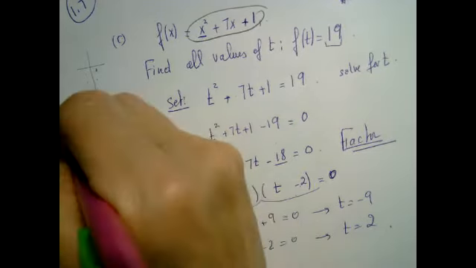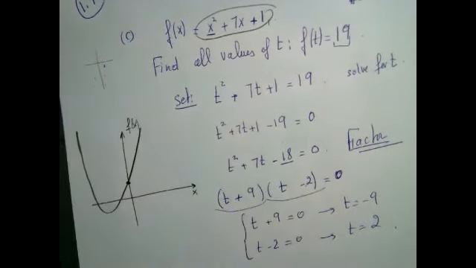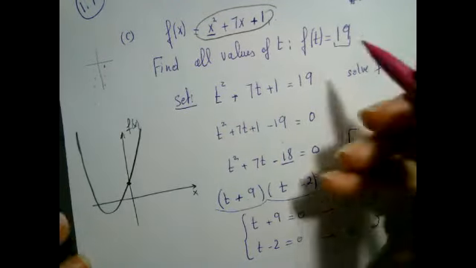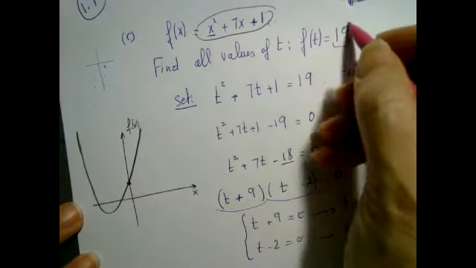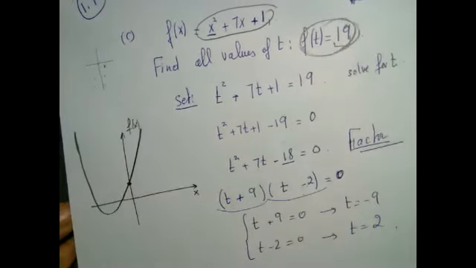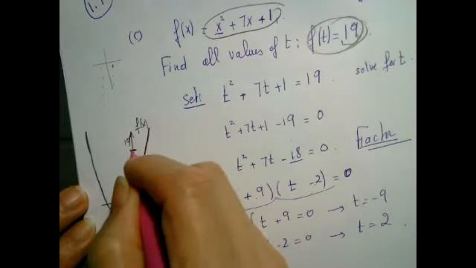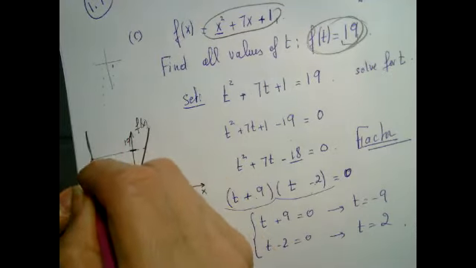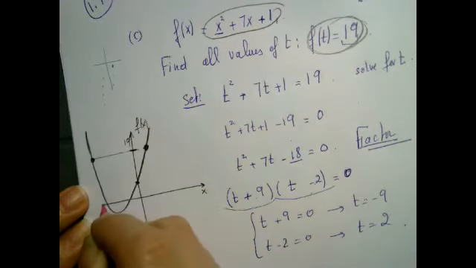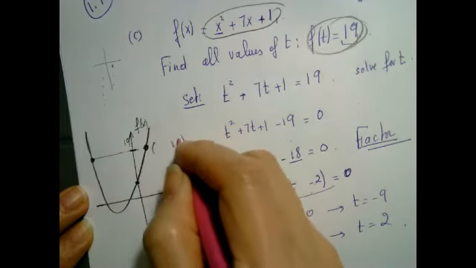Still a parabola. Okay? I think something like that. And the question here, so that's the graph, find all the values such that the output is 19. So basically here, they have the output value here. And the question is, those 2 points on the graph, this is 19.